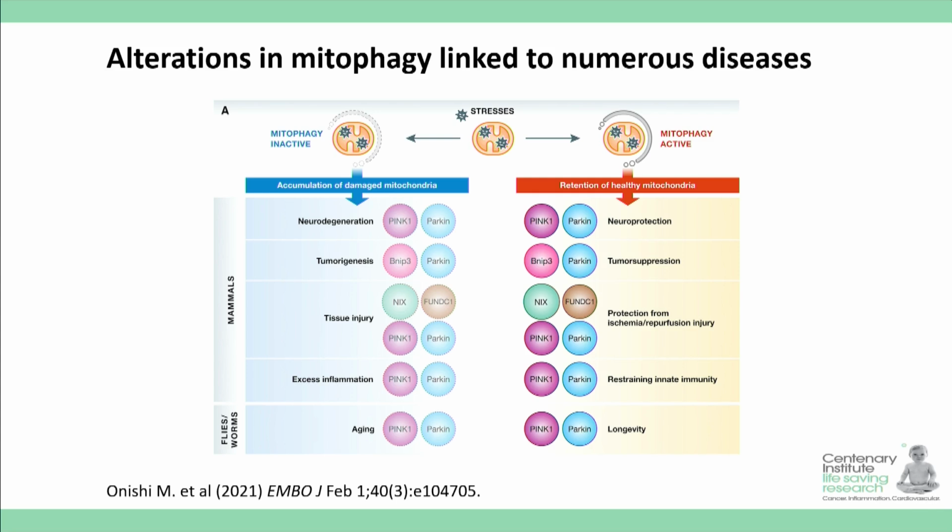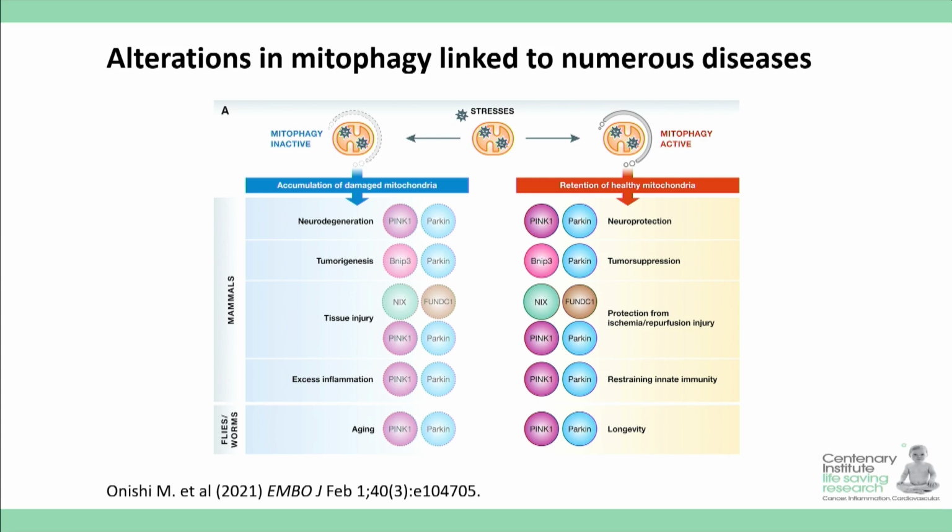Again, I think this is a lovely example of how, if there's an inactive mitophagy, typically you see an accumulation of damaged mitochondria, and linked to this damaged mitochondria, neurodegeneration, tumorigenesis, tissue injury, inflammation, and aging. And there are some proteins that have been associated with these in mammals, flies, and worms. The converse of this is that stresses can also push this in a healthy way, so you can have active mitophagy.